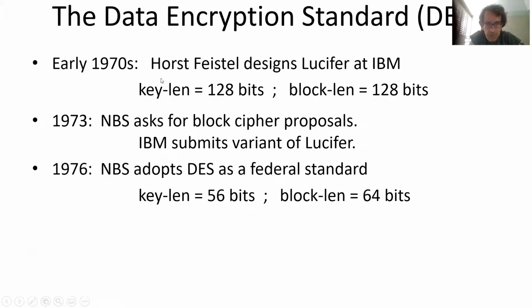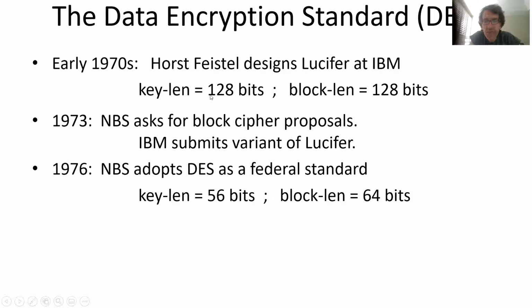A little history. It was designed in the 70s. There was a Lucifer design at IBM, designed by Feistel, and not surprisingly, the one element in it, Feistel permutations, is named after this designer.